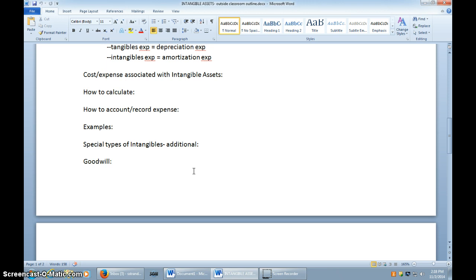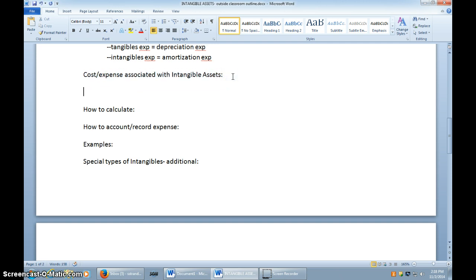So the cost associated with intangible assets is called amortization expense.